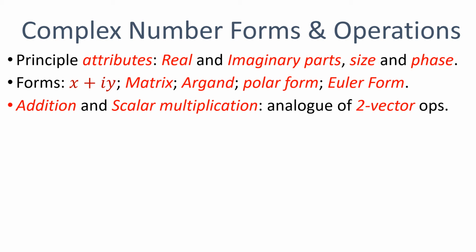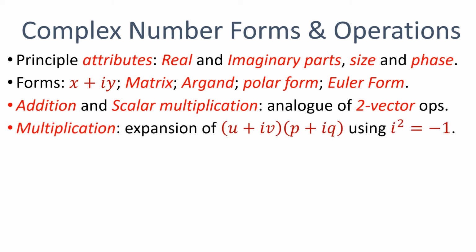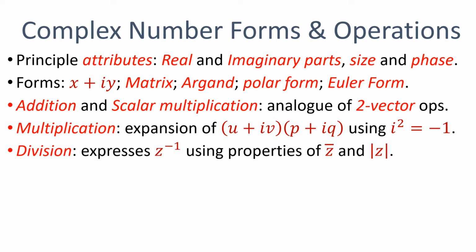We saw that the addition of two complex numbers, and the multiplication of a complex number by a real constant, are just analogues of the operations we saw with two vectors. Multiplying two complex numbers just involves expanding the two standard forms, written like this, but we use the property that this object i that we've introduced, when we square it, gives us the outcome -1.